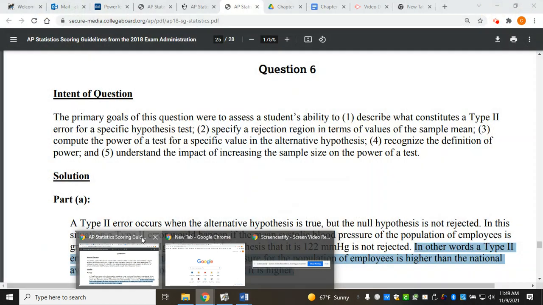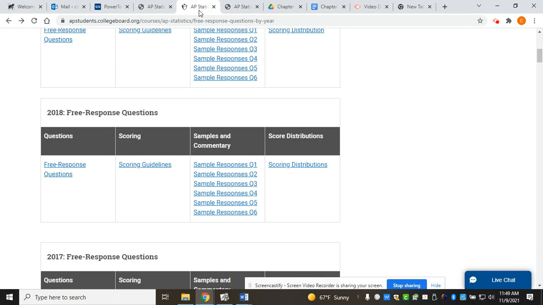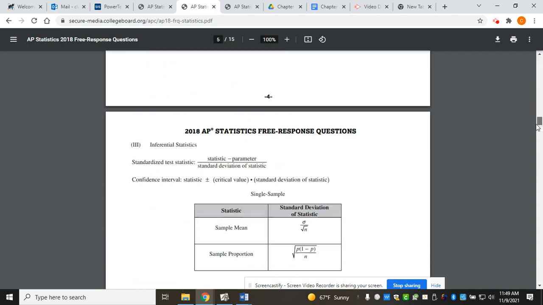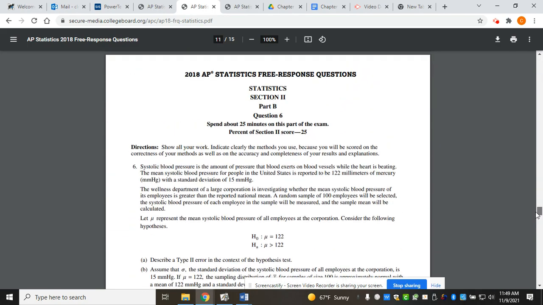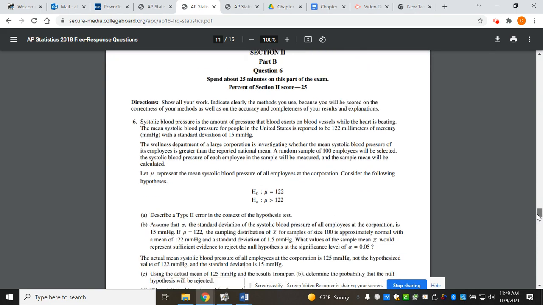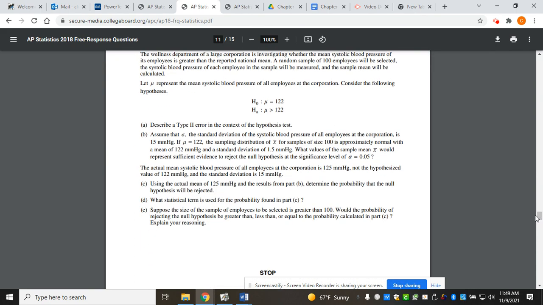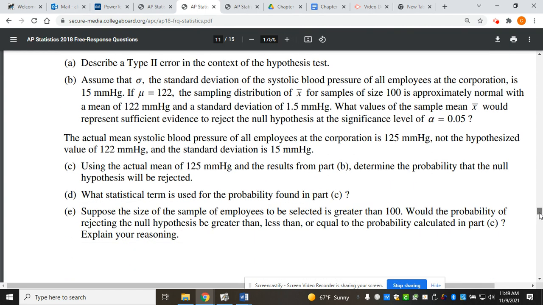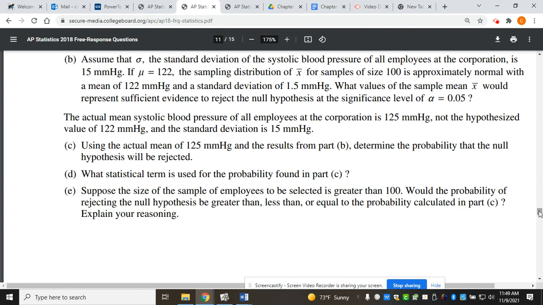Showing you a little bit more, but not all of it, of the rest of this problem. So we just did A and B. Now here, the mean systolic blood pressure of all employees at the corporation is 125, not the hypothesized value.